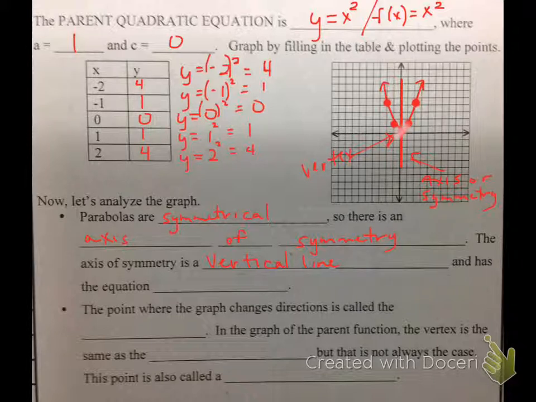And it has the equation of x equals some number. Okay? So an example would be, in this case, x equals 0. So you go to the 0 on the x-axis and draw a vertical line through it.